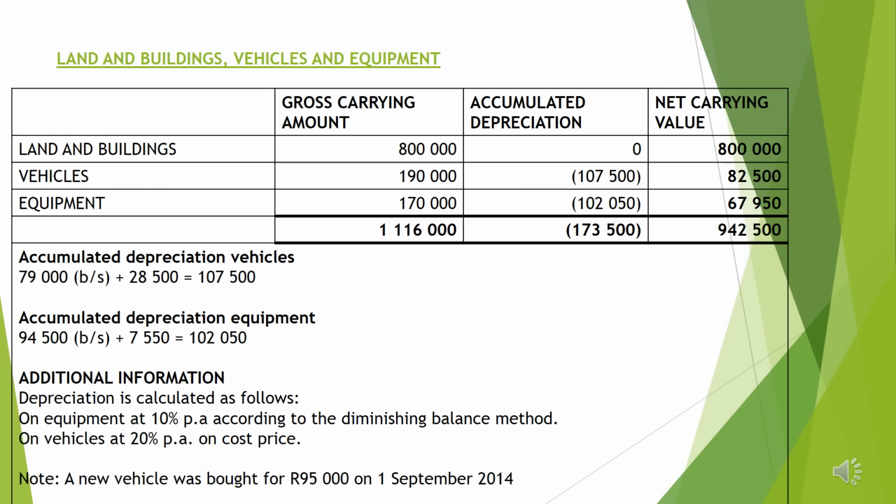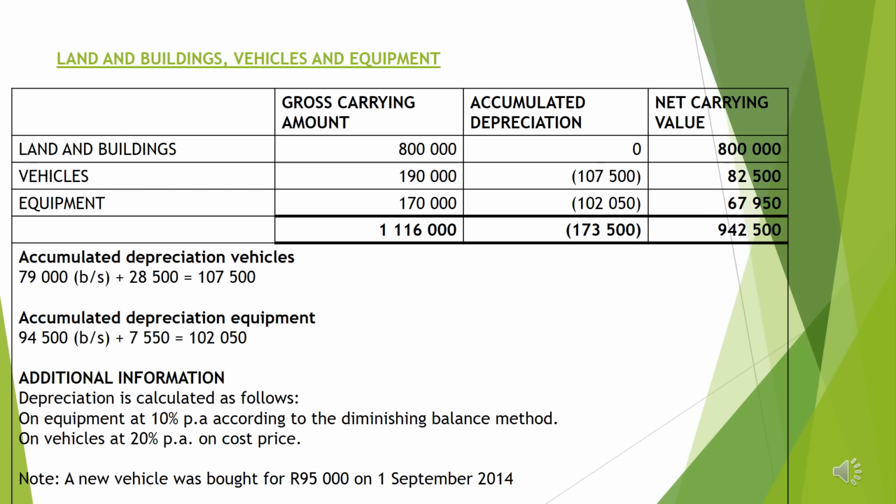Vehicles. How did we calculate this amount for depreciation? We said the new vehicle, which cost 95,000, times 20% as per the adjustment, times 6/12. Now, why do we say 6/12 here?